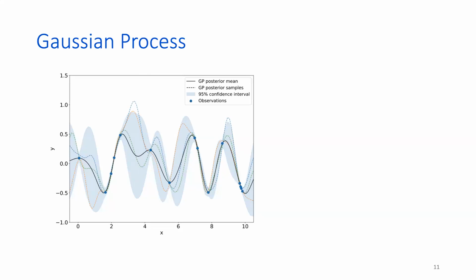So Gaussian processes have many advantages as machine learning models. As we've just seen, they provide well-calibrated uncertainty estimates. Assuming that the model is well specified, a Gaussian process knows when it doesn't know, right? It increases the uncertainty away from the training distribution as we've just seen.